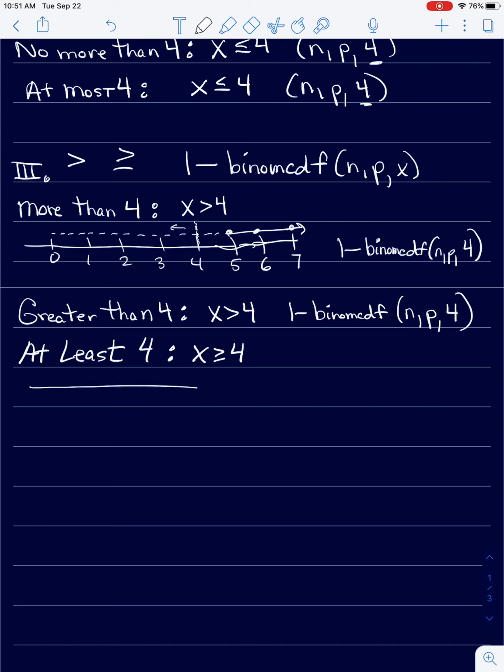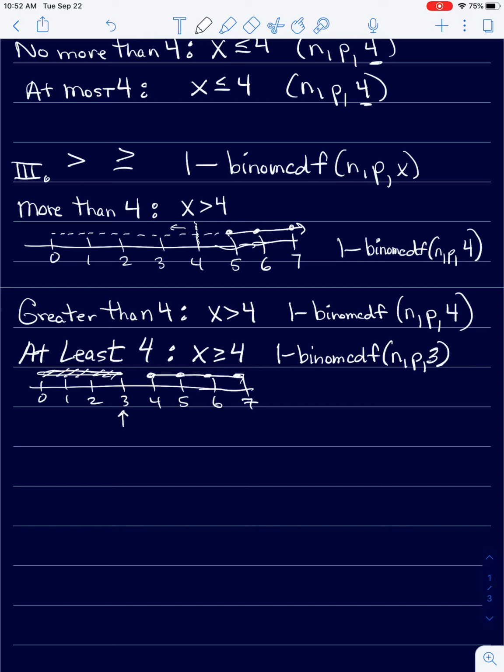If I want a probability for at least 4, I want the 4, 5, 6, all the way to wherever it is I want. I don't want these guys back here to the left. So I'm going to do a 1 minus binomCDF. I'm throwing out N, P, and the first one I don't want this time is going to be a 3. So it'd be 1 minus binomCDF(N, P, 3).